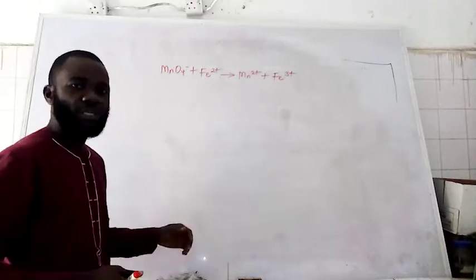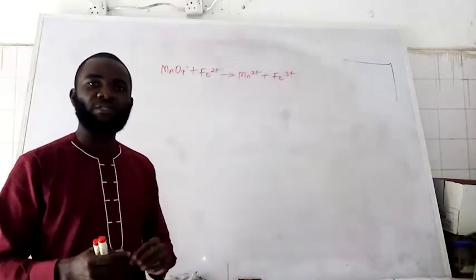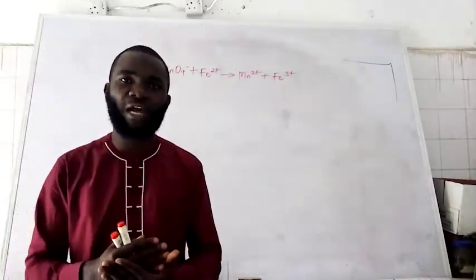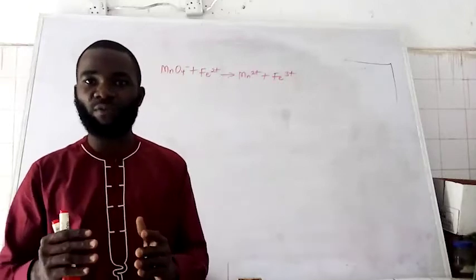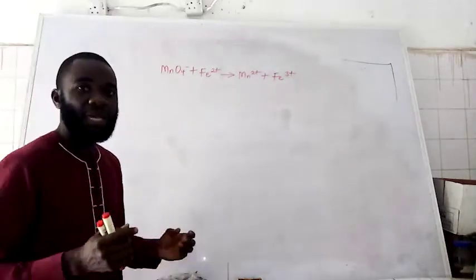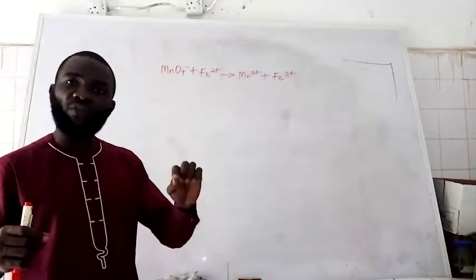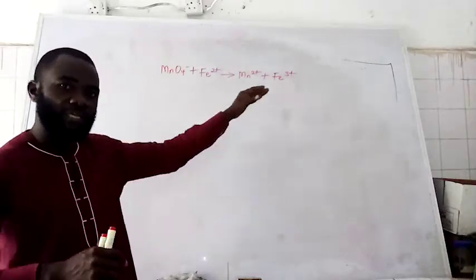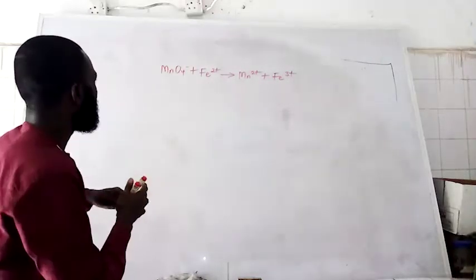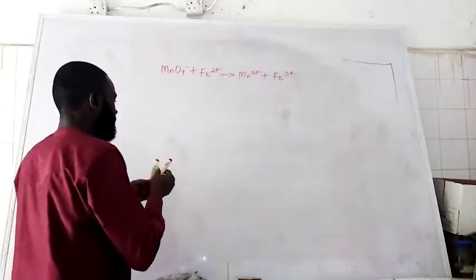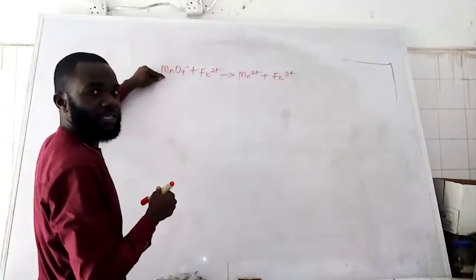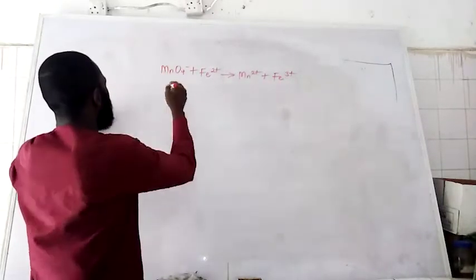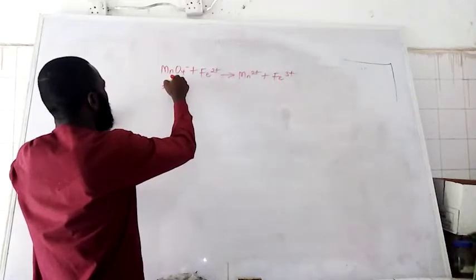For my step 1, I have to identify and write out the oxidation half equation and the reduction half equation. For me to do that, I need to know the oxidation number of each of the atoms in these ions. Now I have manganese. To get the oxidation number of manganese, I can represent manganese with X. Then I'll add it to what?